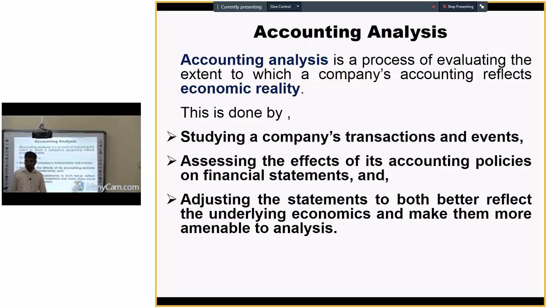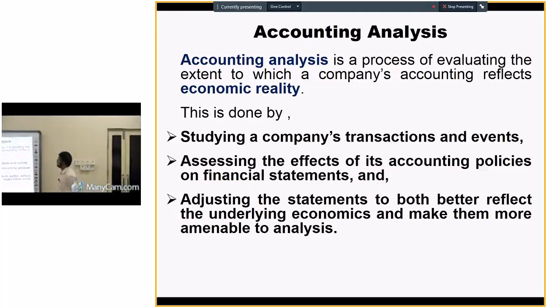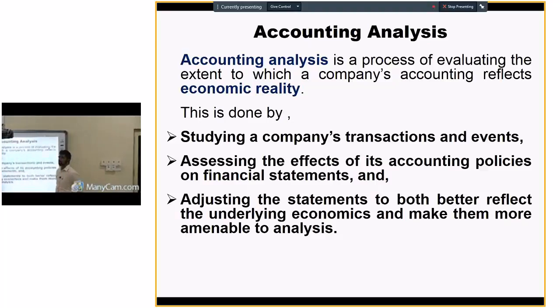Then accounting analysis. If we move to the accounting analysis, what is that? Accounting analysis is a process of evaluating the extent to which a company's accounting reflects economic reality. This is done by studying a company's transactions and events.